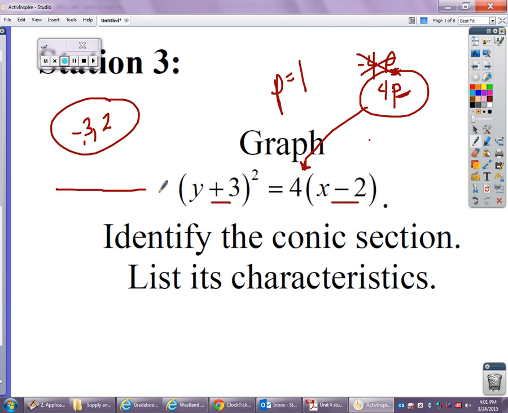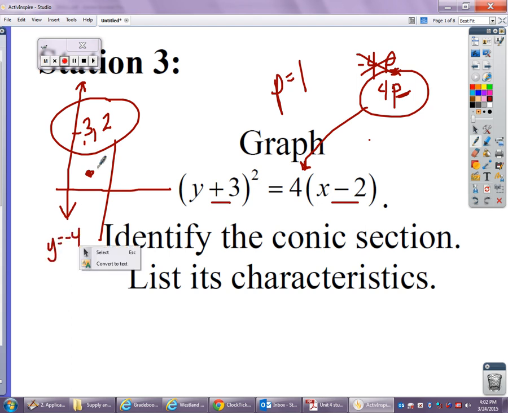So if I go ahead and make a rough sketch of this graph, my vertex is negative 3, positive 2. I know since it's y squared and not x squared, it's either going to be going left or right. And because it's positive, it means it's going to the right. So I know my directrix is going to be behind right here, using my p, going 1 back. This would be my directrix at y equals negative 4.